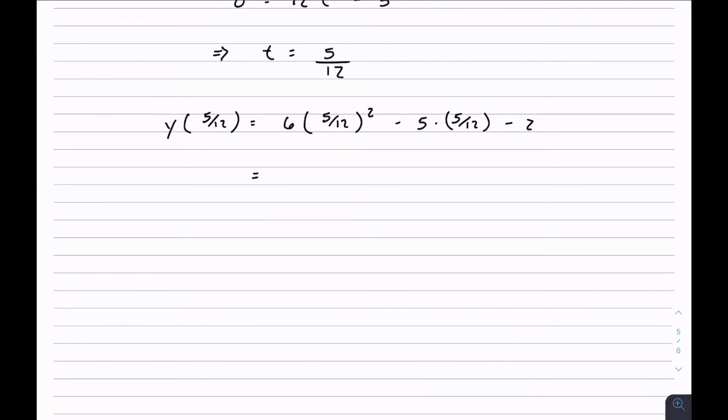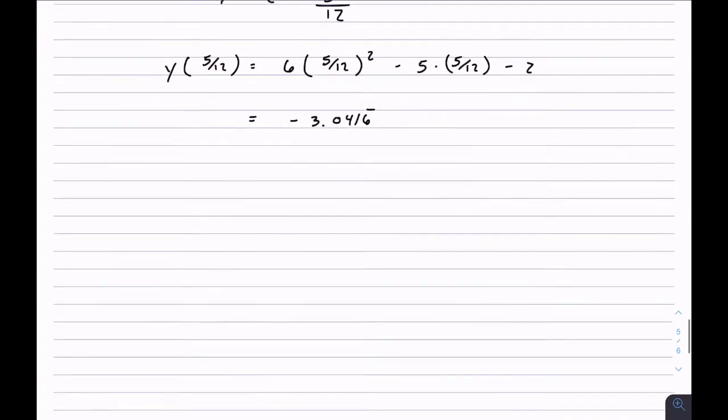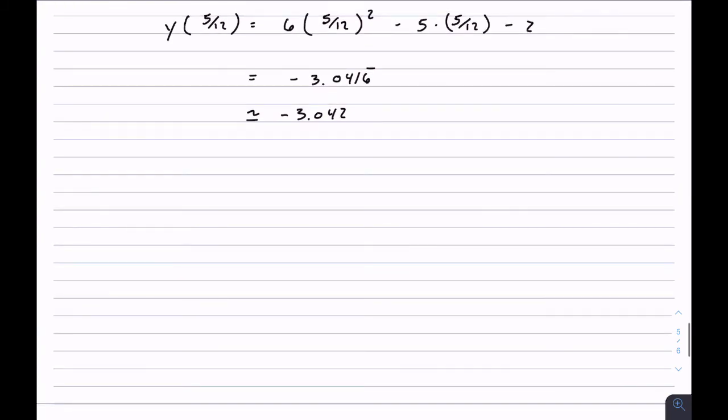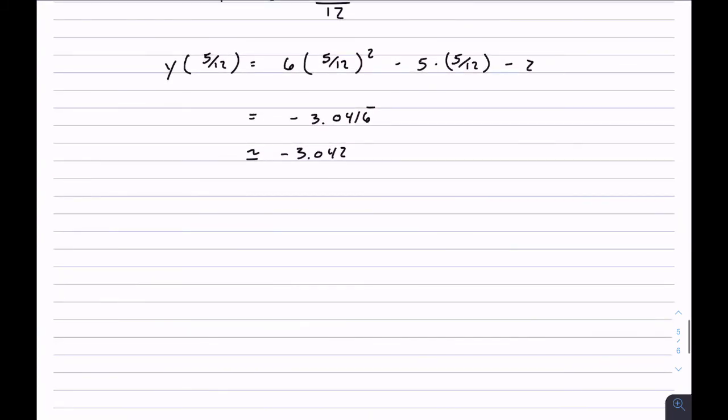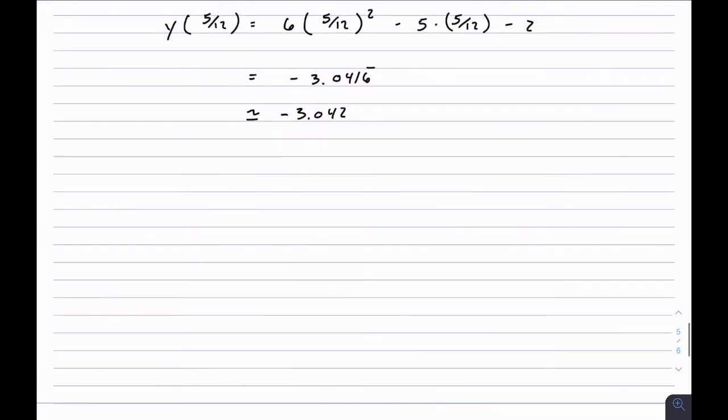That gives us negative 3.0416 repeating when I plugged in t equal to 5/12. We can also say that's about negative 3.042. That's the position when we begin to change directions.